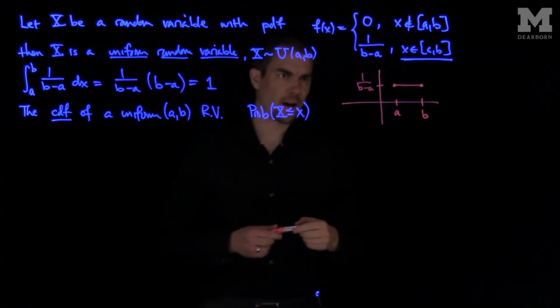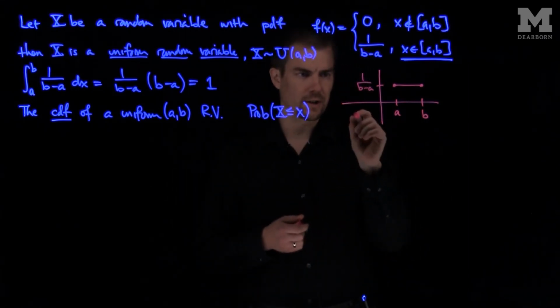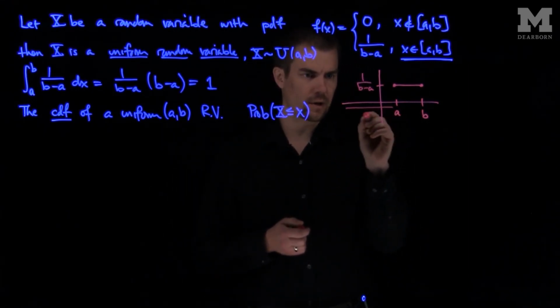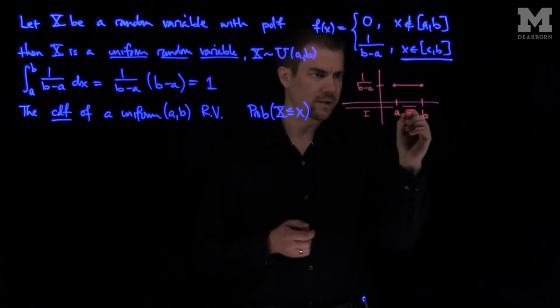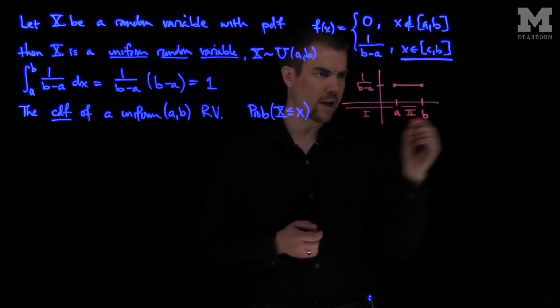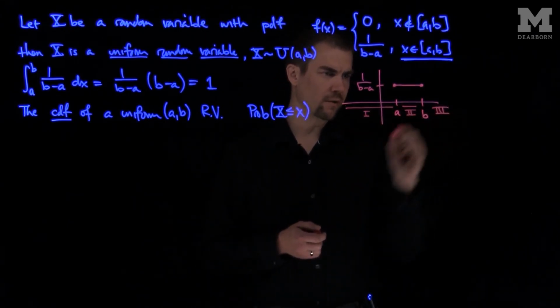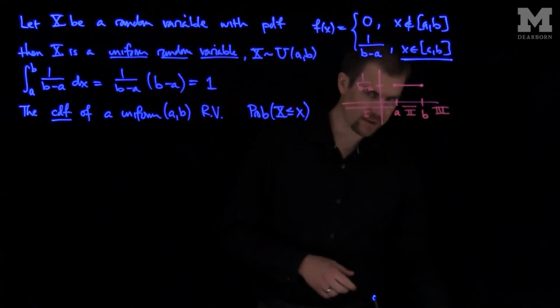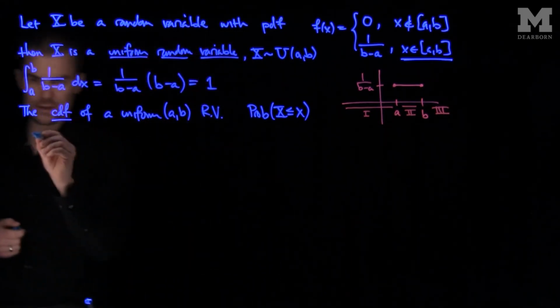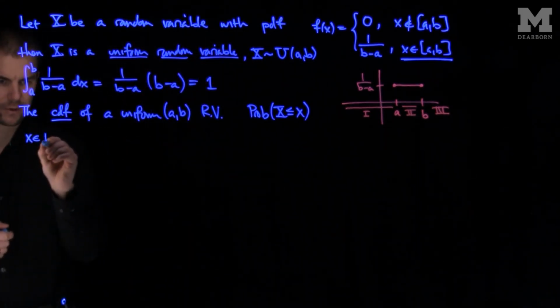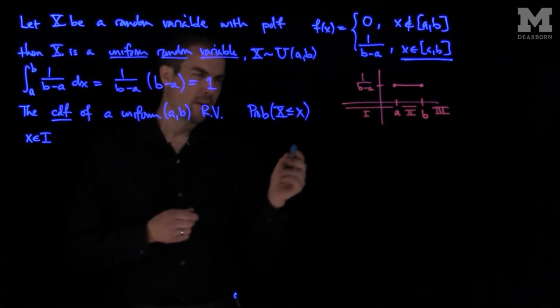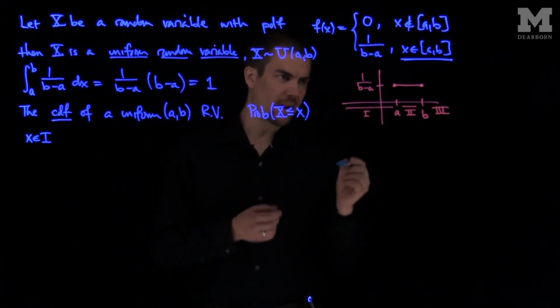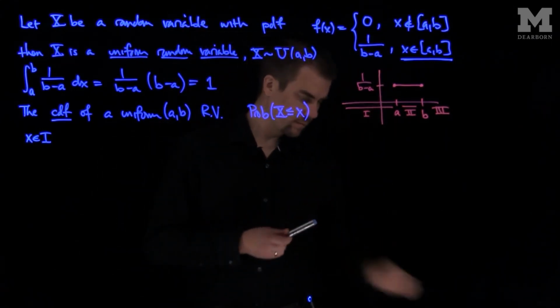Now if we pick a value of x, there are 3 ranges to consider. There's this first range where you're less than a. There's this second range where you're between a and b. And there's this third range where you're bigger than b. And so let's see what happens. If x is in the first range, range I, then the PDF is equal to 0.